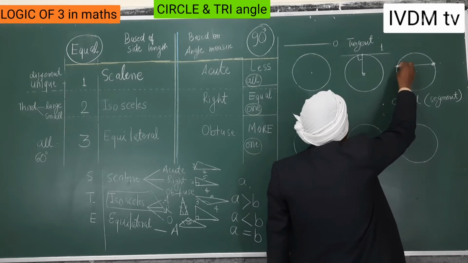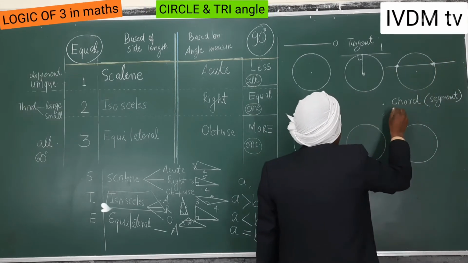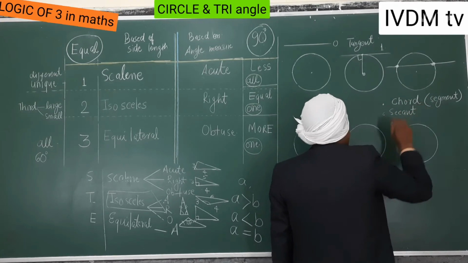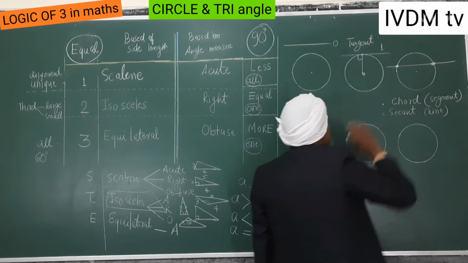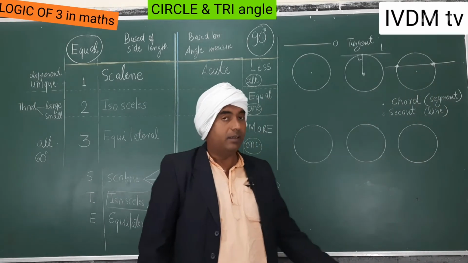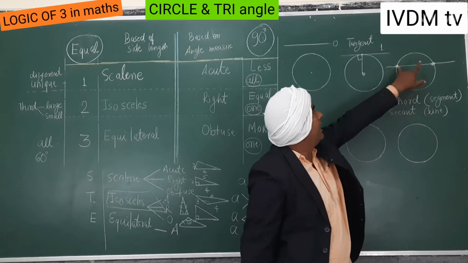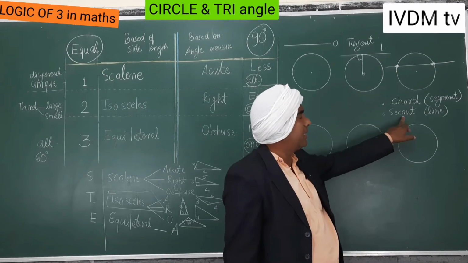But if you take the line and extend it, then it will be called a secant. Secant means line. The same figure has two meanings, but the things are somewhat different. This is a segment, meaning it has end points, and this is a line, meaning no end point. So this is called secant.